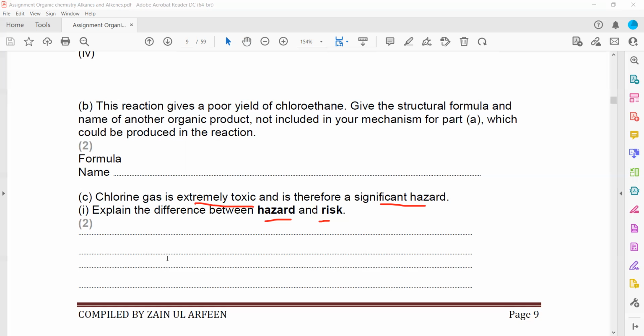So the definition of a hazard: it may cause harm or has the potential to do harm, or can be dangerous.